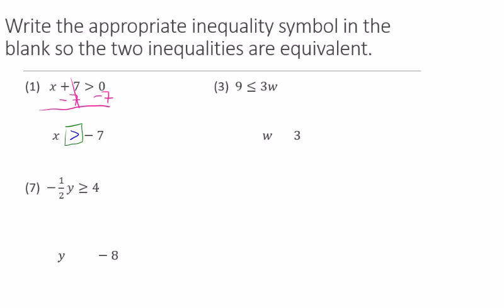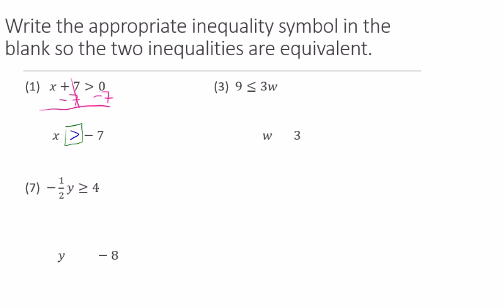Okay, all right, let's try number 3. So if we're thinking intuitively, we want to think about 9 is less than or equal to 3 times what number, right? So what number can we put in there where 9 will be less than or equal to the product of 3 and some number, right? We know that 3 times 3 is 9, right?